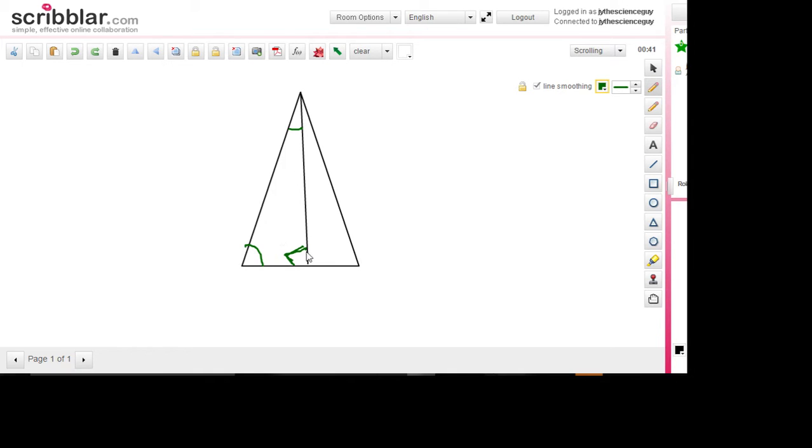What kind of triangle is that where the markings are, if I were to ignore the other side? Do you know what kind of triangle that is?